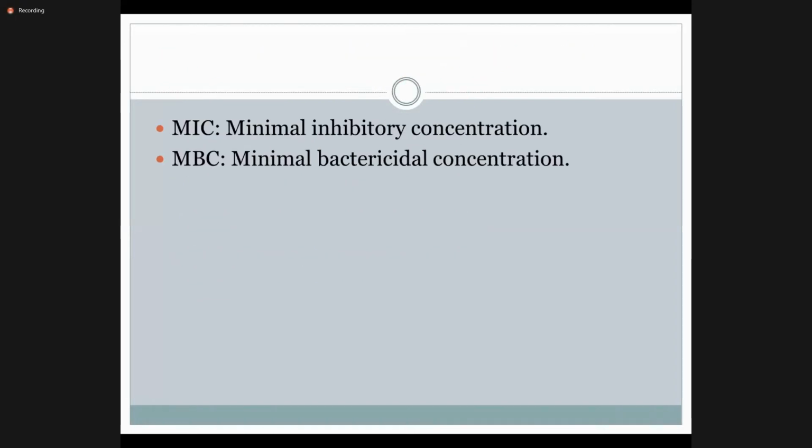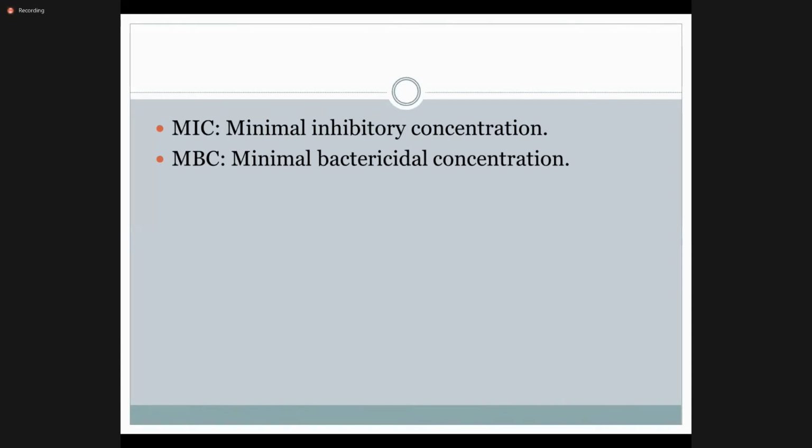There are two important terms that we can use. Number one is the MIC, that is the minimal inhibitory concentration. The minimum concentration which is required to start its antimicrobial activity by inhibiting the growth and multiplication of that organism.